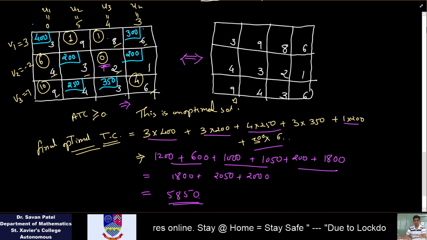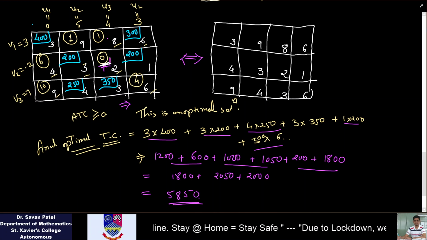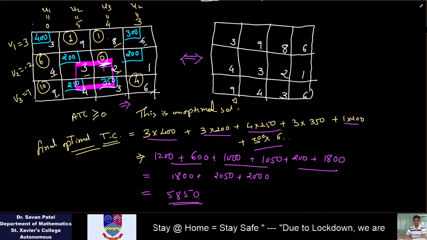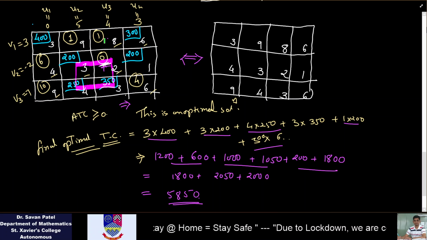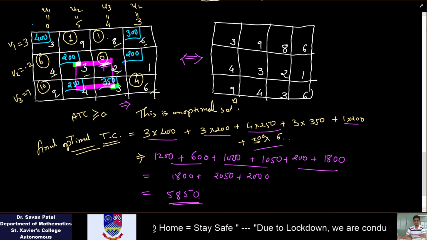Okay. And here you are having the transportation cost. So for that, first of all, find out the loop, whatever is possible. So from here, we can go to here, then here, here, and come back. So this is our loop. Here, what are the negative corners? This and this are your negative corners. What are the positive corners? This and this are positive corners.